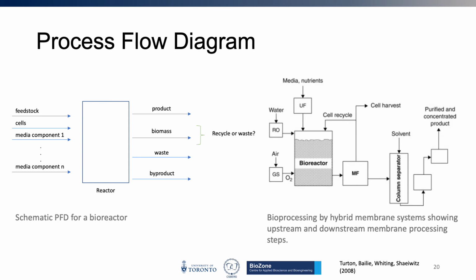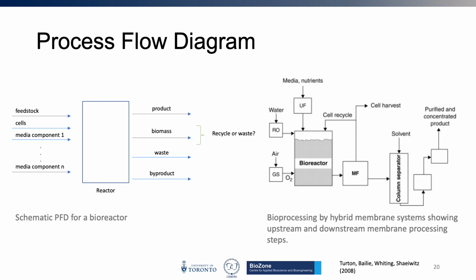And then on the right is an example of a more complete process that I found in the textbook. You can see that it contains unit operations that happen before and after the bioreactor step. The steps that happen before are the filtration of the media nutrients, and the filtration of the air, or the splitting up of the air into oxygen and other things that go into the bioreactor.